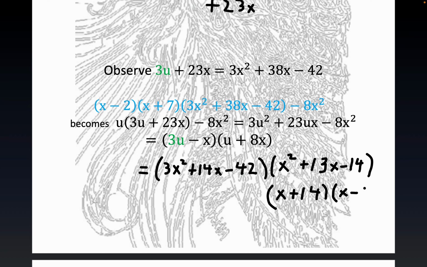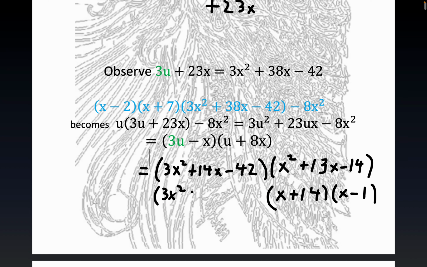It's tempting to quit because you have factored it, but it's not completely factored until you write it this way. And we can go ahead and recopy this. This is just 3x squared plus 14x minus 42.